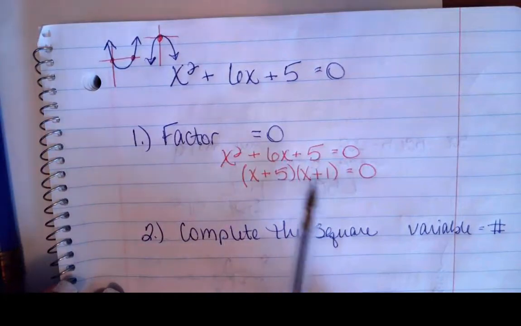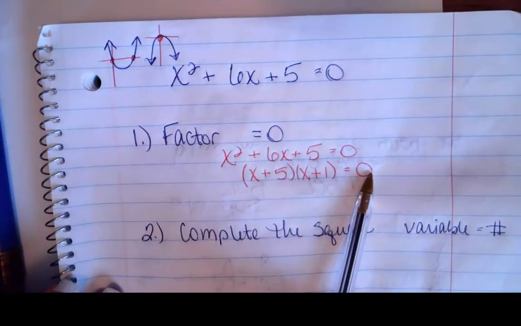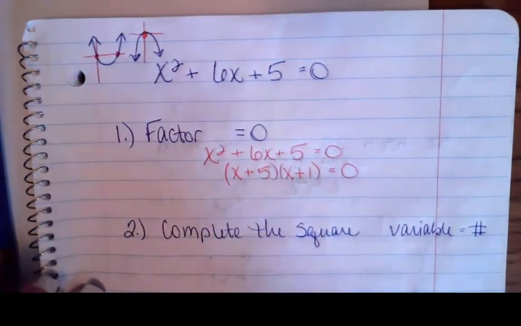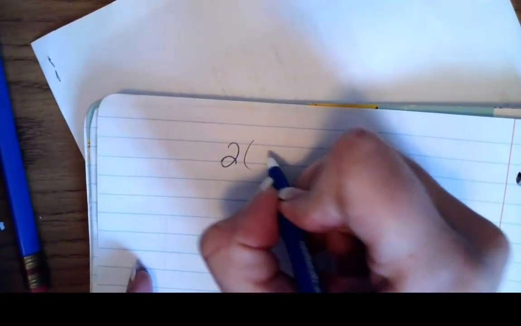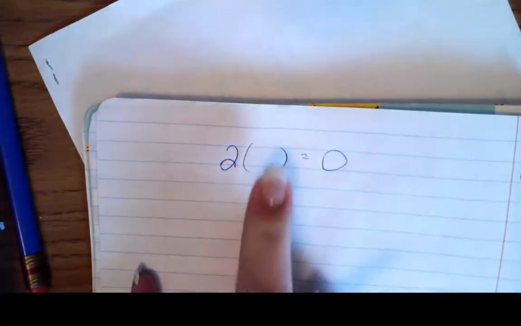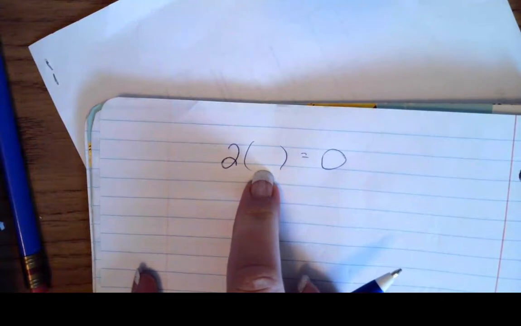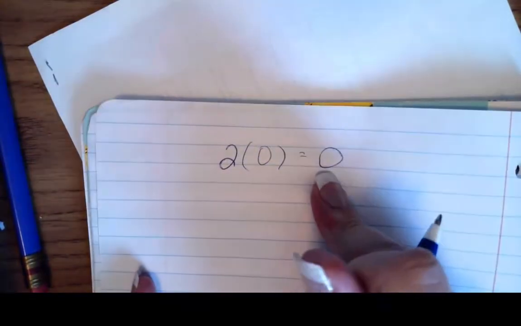So now what do I do? I've got 2 things being multiplied together, and my answer is 0. So what I would like to look at is what can these things be? So think about it this way. I'm going to come back over here for a second. If I have 2 times some number and my answer is 0, what does that number have to be? Okay, it has to be 0. So 2 times 0 is 0.